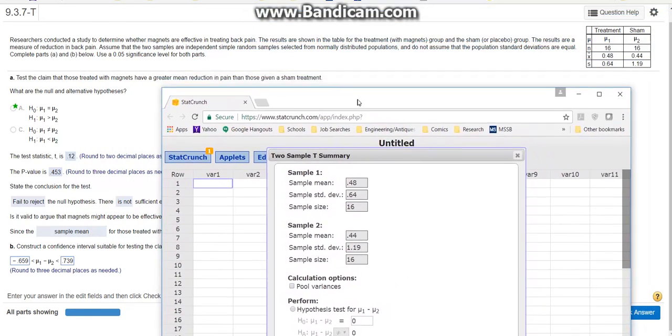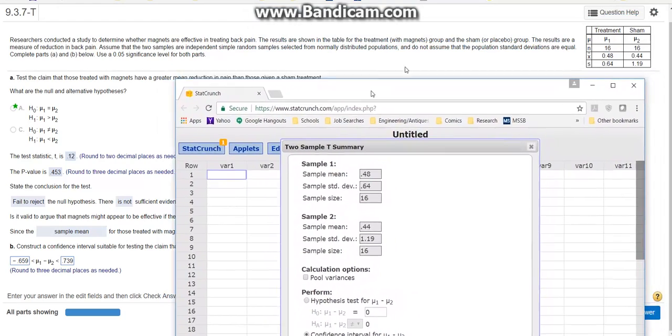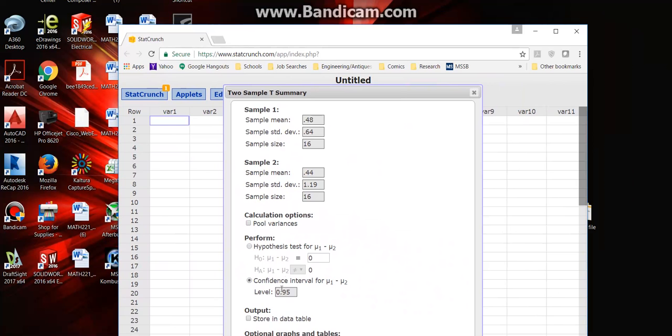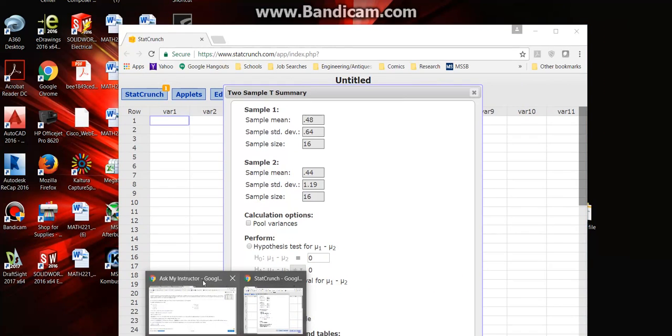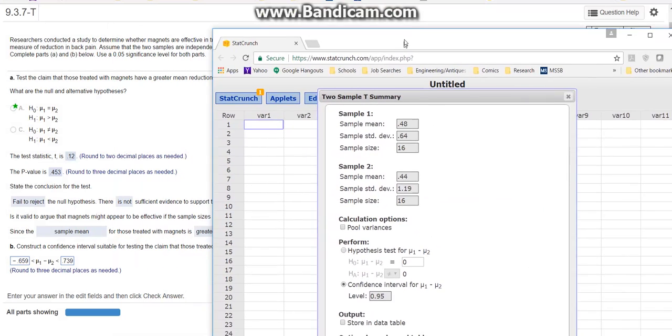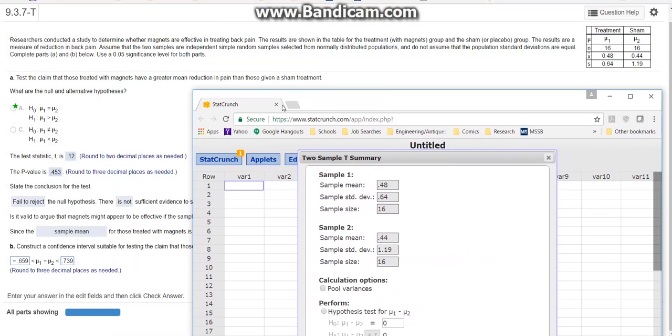Let's pay attention to this. This is very, very important. I want you to pay attention to this very carefully. Okay? Where did my page go? There it is. Let's talk about this. We have a situation here. My hypothesis test was a one-tailed test. Confidence intervals, by definition, are two-tailed.